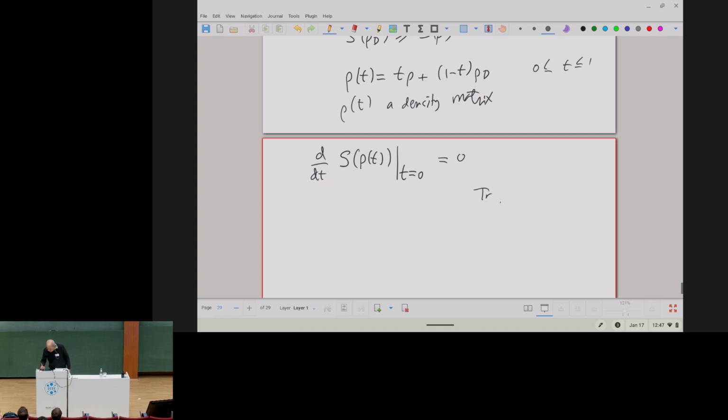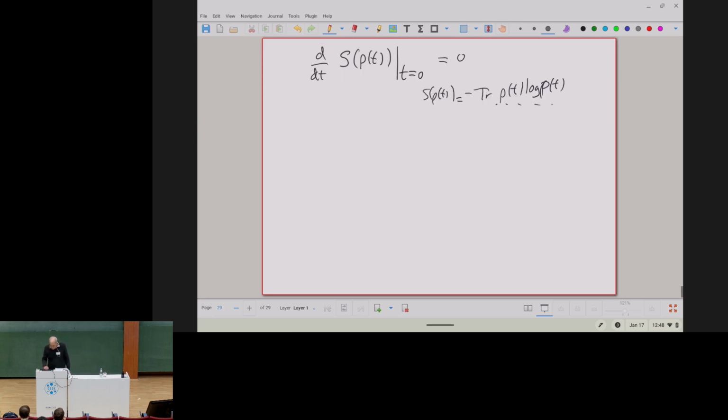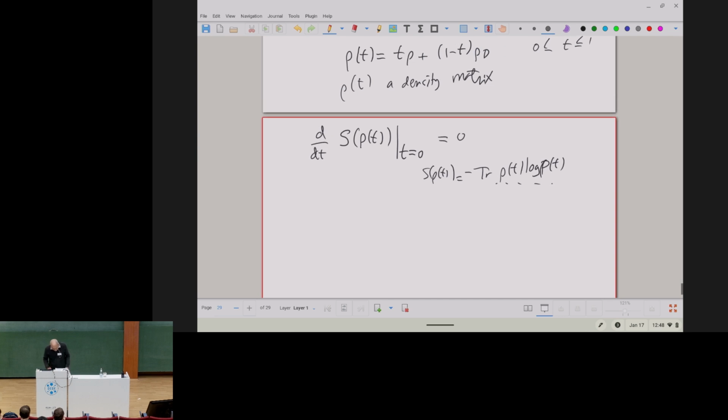You take the trace of rho of t log rho of t. I'll leave this as an exercise, but if you take this S of rho of t and this formula for rho of t, you'll find that the derivative with respect to t at t equals 0 is 0. If you find it confusing, there's a footnote in my lecture notes that might help. Actually, there's a fact which might help that we're going to need in a second anyway.